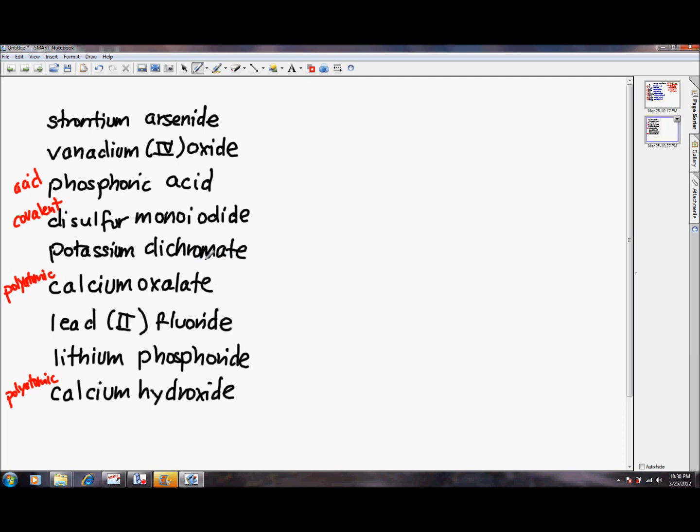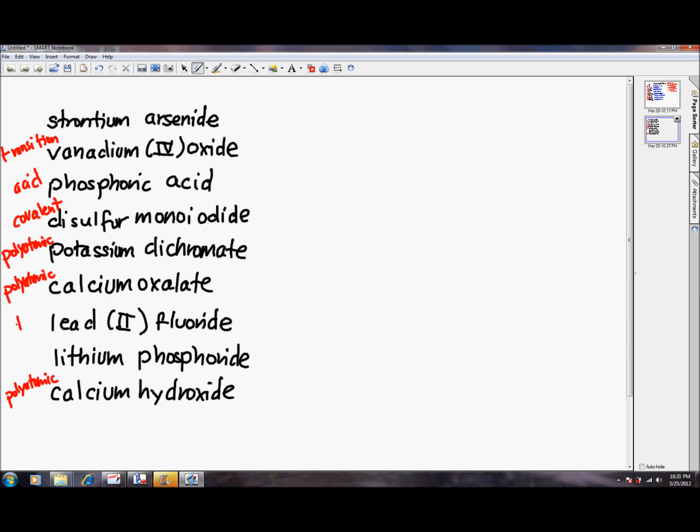Okay, dichromate. Aha, dichromate is on the back of the periodic table. This is another polyatomic ion. Okay, now we're going to look for the transition metals. These are easy to identify because there are Roman numerals. Alright, I think right here at the edge, that's a transition metal.